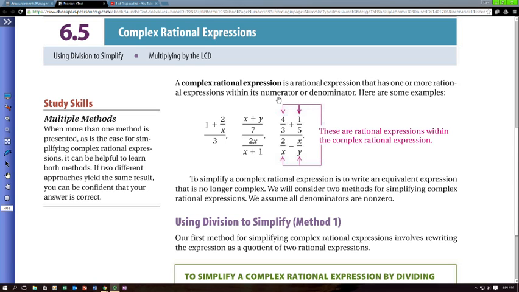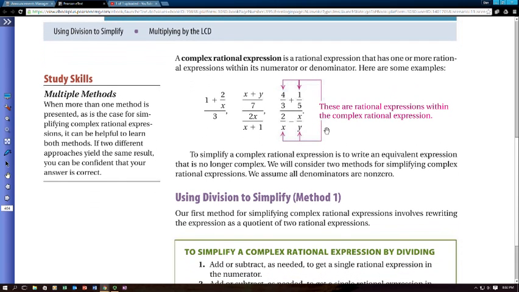A complex rational expression is a rational expression that has one or more rational expressions within the numerator or denominator. Here are some examples. In this case, I have 1 plus 2 over x in the numerator and 3 in the denominator. Here's a fraction over a fraction. Here's an addition of a fraction over a subtraction of fractions.